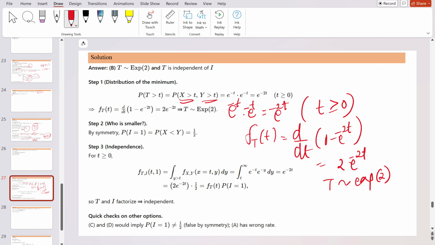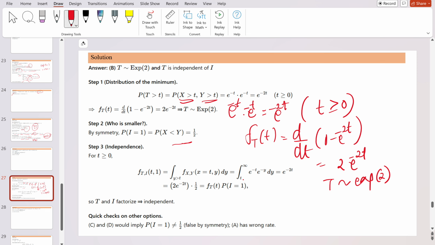By symmetry, P(I equals 1) equals probability of X less than Y, which is half. So by the independence, for t greater than or equal to 0, the probability of (T, I) at (t, 1) is simply the integral of f(x, y) with x equal to t, dy.